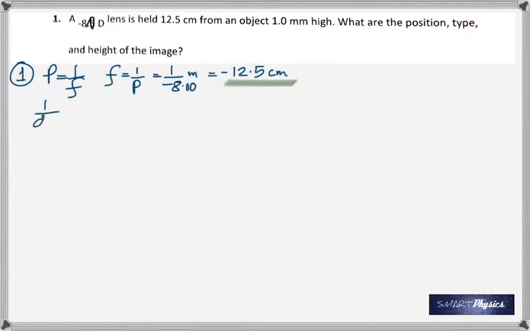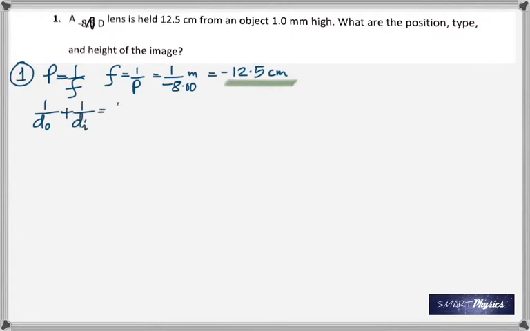And that is negative 12.5 centimeters, because 1 by 8 is 0.125 meters, right? So that is negative 12.5 centimeters.